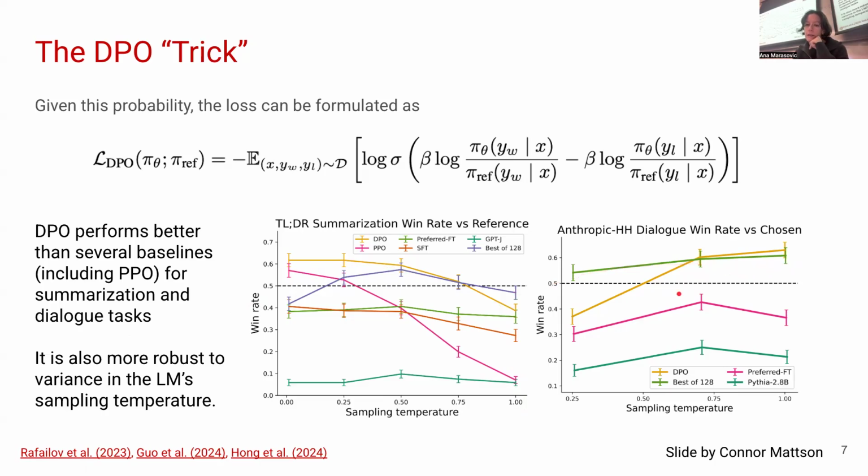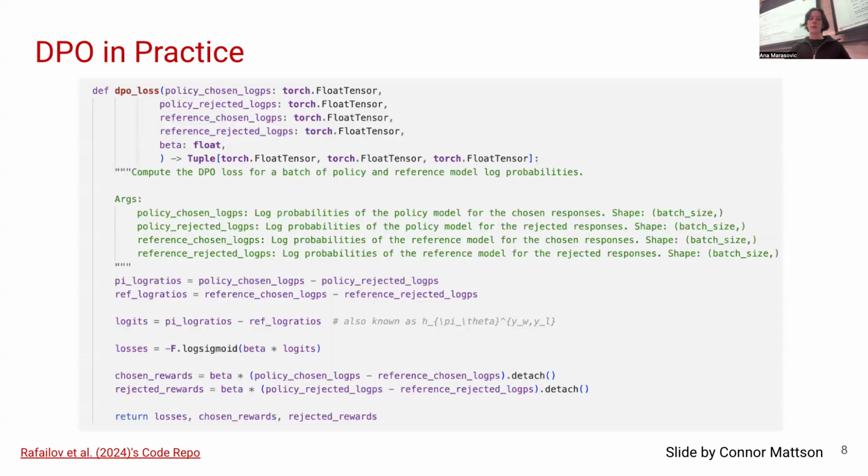It's also the case here. And what we can see is that if the temperature is moved all the way to 1, DPO doesn't break as much as PPO does, which means that it's more stable. And this is why today it's a more common algorithm to use for this final stage of tuning.